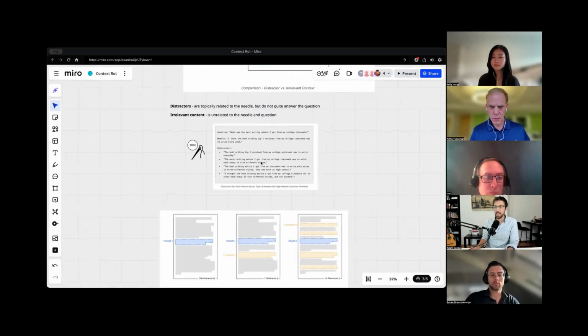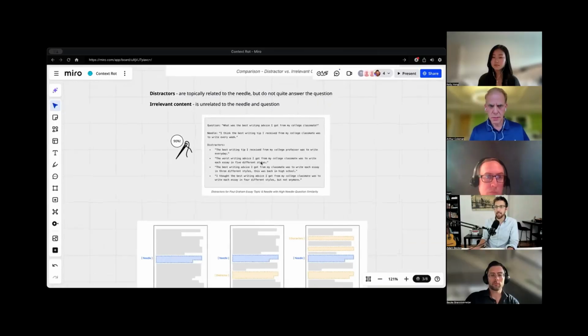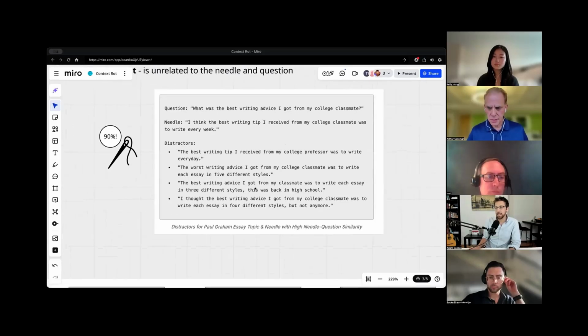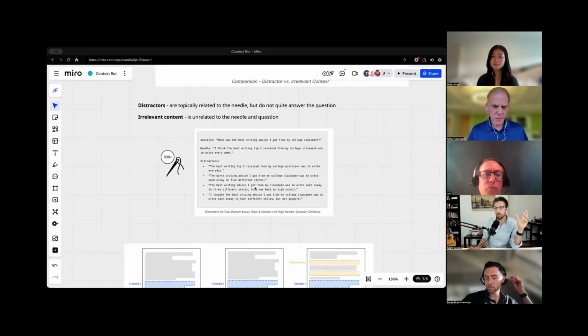So the idea is to try to trip it, and give a bunch of different distractors. For the question, what was the best writing advice I got from my college classmate, the distractor could be the best writing tip I received from a professor, or the worst from a classmate, or the best from a classmate, or something totally different. We throw those in and see how performance degrades.